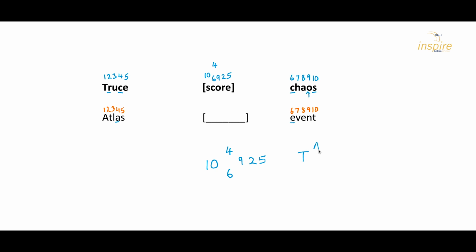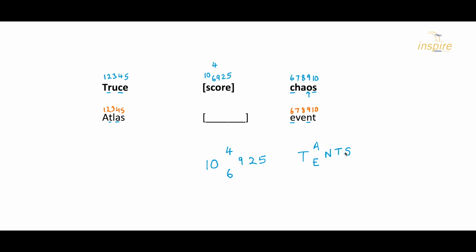It's either an A or an E. The 9 is an N. You can see that here. 2 is a T. And then finally you've got the 5, which is an S.